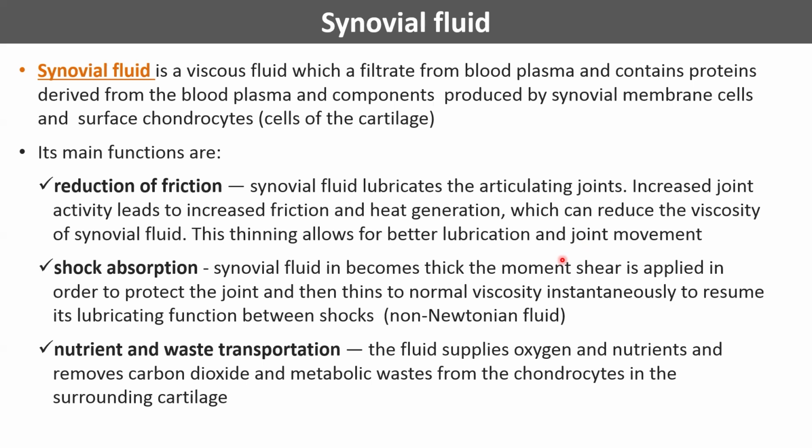But when the temperature of the synovial fluid increases, that reduces its viscosity. So it becomes thinner, and that allows for better lubrication and better joint movement. So that's one of the functions of the synovial fluid.